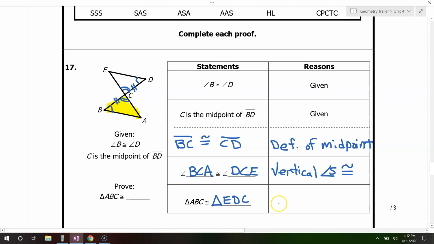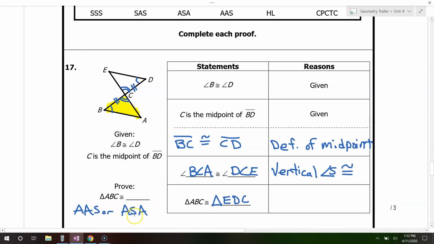Now for the reason. Which of these reasons is it going to be? Well, look at the yellow triangle. Look what we have marked. I see two angles and a side. That means our choices are, it's either going to be angle, angle, side, or it might be angle, side, angle. Those are the only choices.